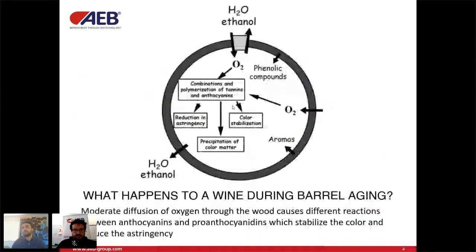What happens inside a barrel is that oxygen can diffuse into the barrel, and the oxygen reacts with the phenolic compounds of the wine and with phenolic compounds of the barrel, which can also give some aromas to the wine.